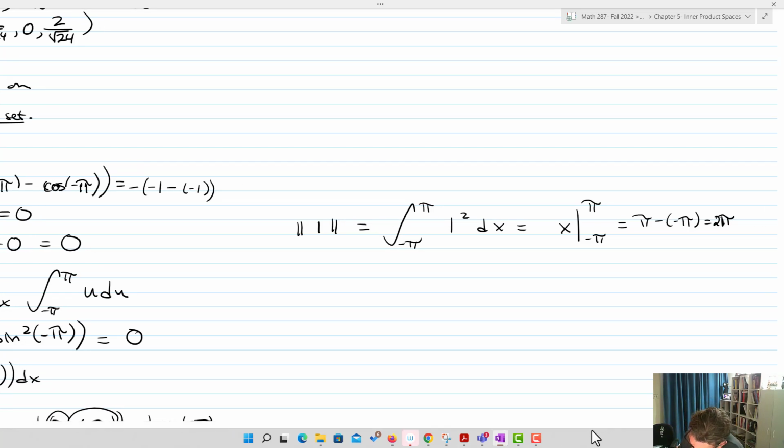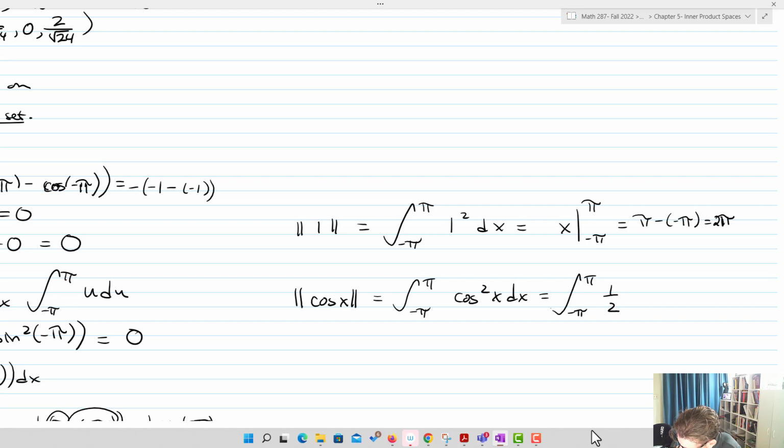Okay? And then we'll find the norm of cosine x, and that's going to equal the integral from negative pi to pi of cosine squared x dx. Again, just a reminder from your Calc 2 days, this is going to end up being the integral from negative pi to pi of 1/2 plus 1/2 cosine 2x.